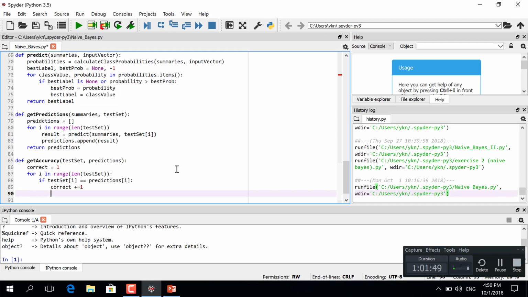Now the question is why we have the first value of correct equal to 1 rather than 0, but here we have correct plus equal to 1. The last lines mention that we try to count how many correct answers by comparing the test set and the prediction.